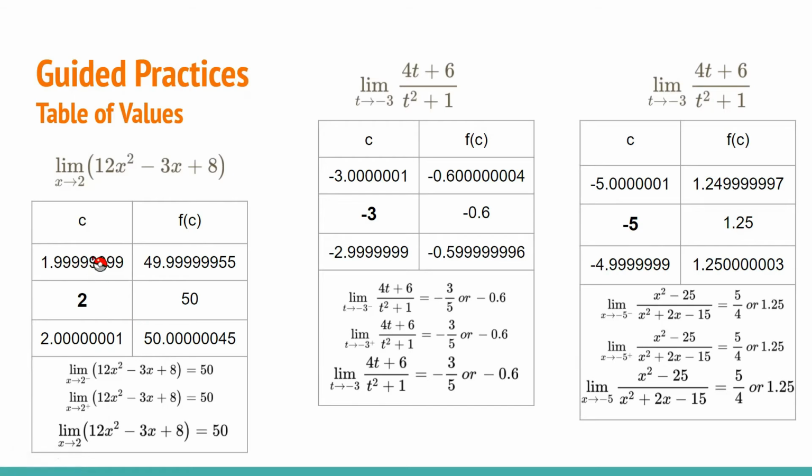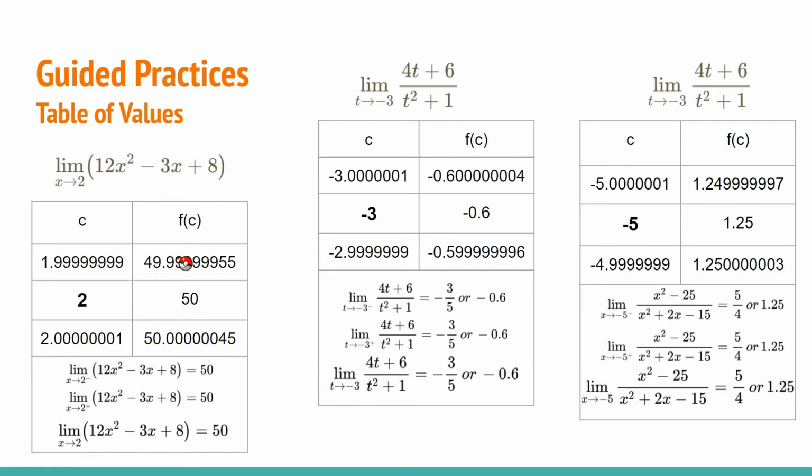So if we use 1.99999 and so on, we get 49.99955, which is close to 50 or is approaching 50. And when we use 2, we will actually get exactly 50. For the 2.000001, we get 50.000045, which is approaching 50 from the right side.